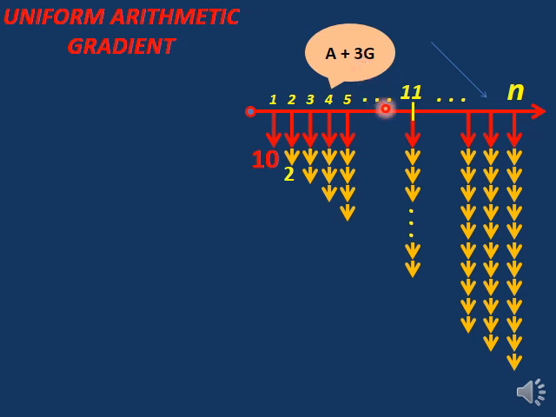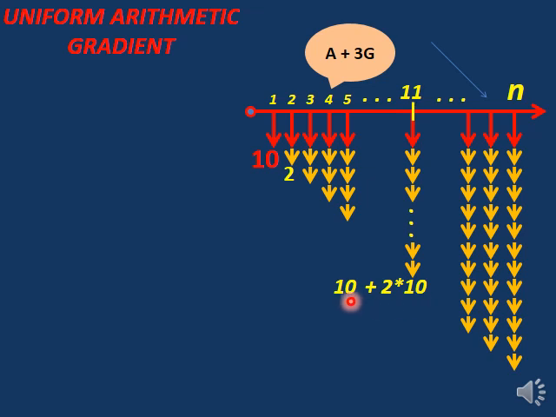Now we can say that at the 11th payment, the amount of payment at that period must be equal to 10,000 plus the increase in the payment. The number of gradients that has increased in this time is equal to 10 because the number of the period here is 11, so our gradients must be 1 less than the period, which is equal to 10.